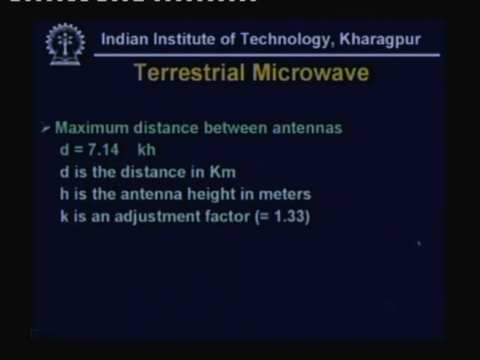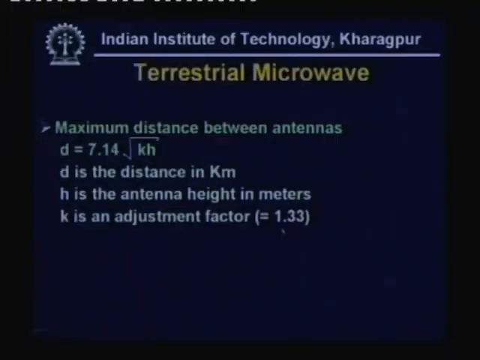As I mentioned, in this case also the formula for maximum distance, d equal to 7.14 root kh, is applicable. Here d is the distance in kilometers and h is the antenna height in meters, and the value of k is an adjustment factor because it is not fully line of sight, the signal gets bent, and the adjustment factor is 4/3, that is 1.33.